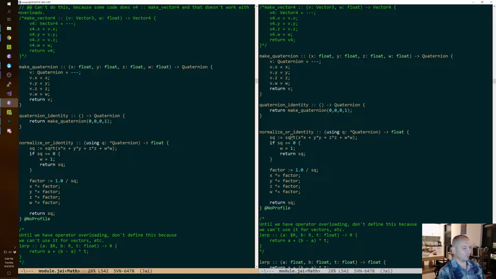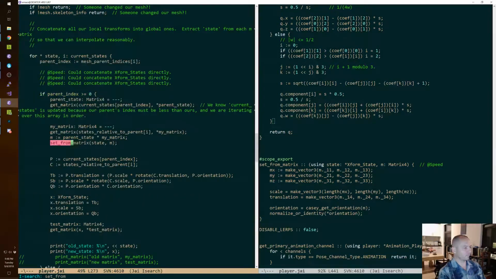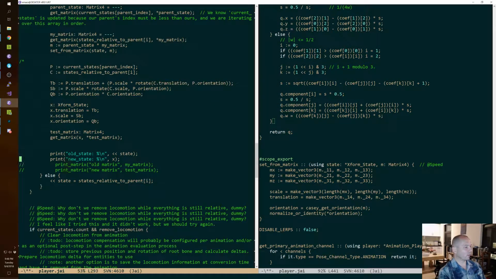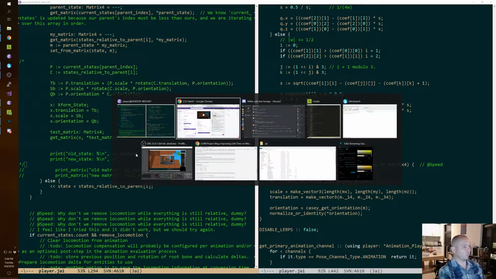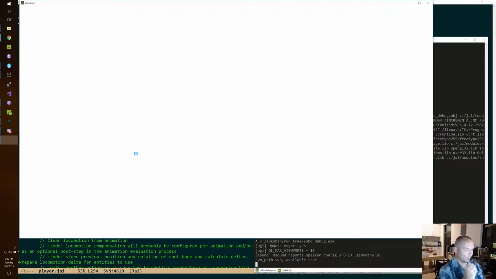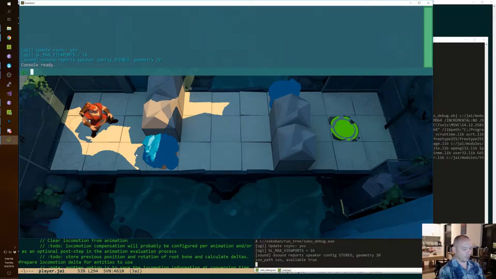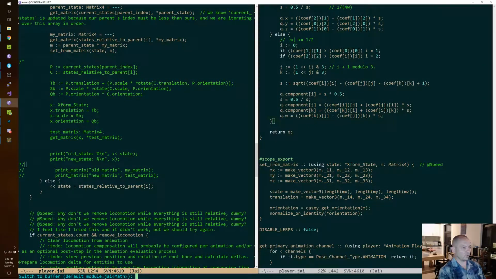All right. Let's just comment this out for a second, because I want to know if it's a quaternion normalization problem. Let's set that right now.